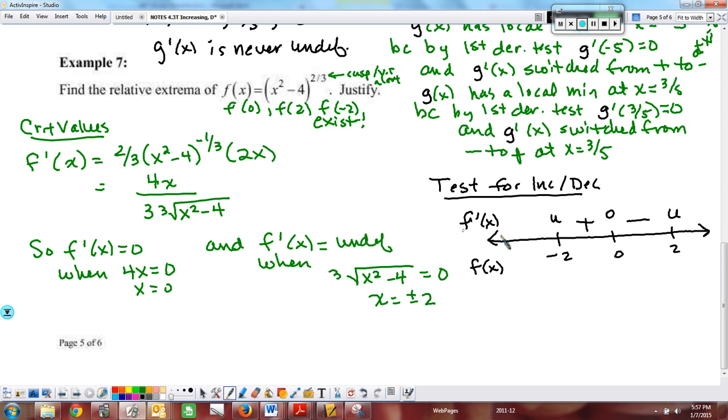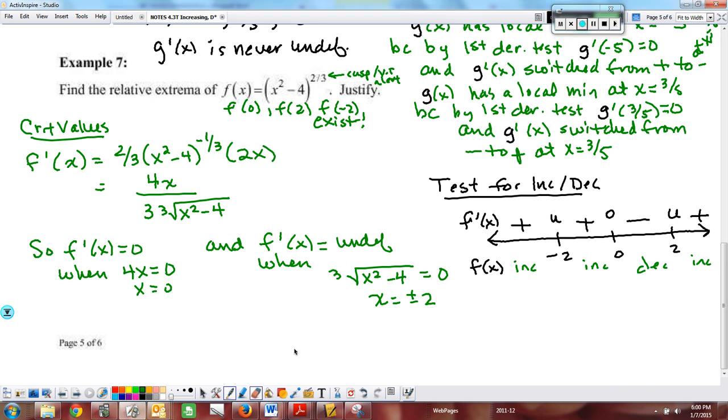If I pick like -10, I have a negative over a negative, which is positive. And if I pick, say here, 10, positive over positive is positive. So what we know is that we have increasing, increasing, decreasing, and increasing.